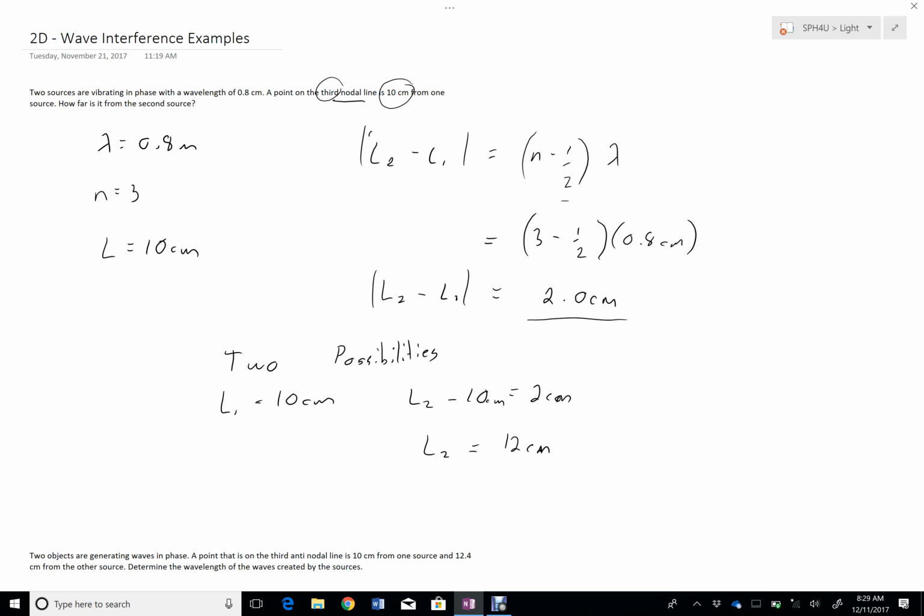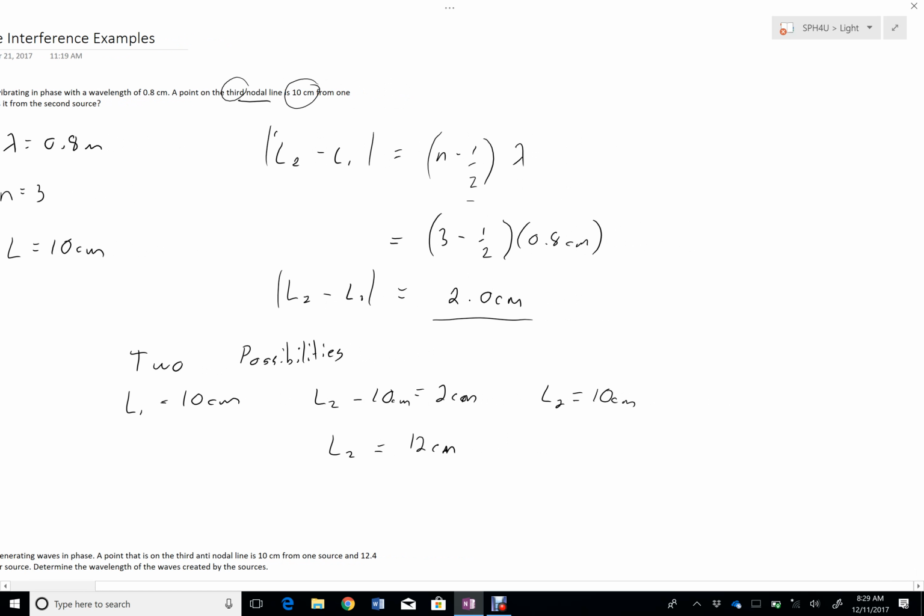That's one way to get 2 centimeters away from 10 centimeters. Or if we said L2 is equal to 10 centimeters, then we could have said 10 minus L1 is equal to 2 centimeters.